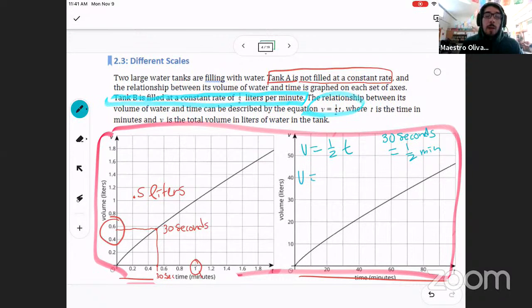So if we want to find how much volume, el volumen de litros de agua, we multiply 1/2 by 1/2. So what is 1/2 times 1/2? ¿Cuánto es la mitad por la mitad?